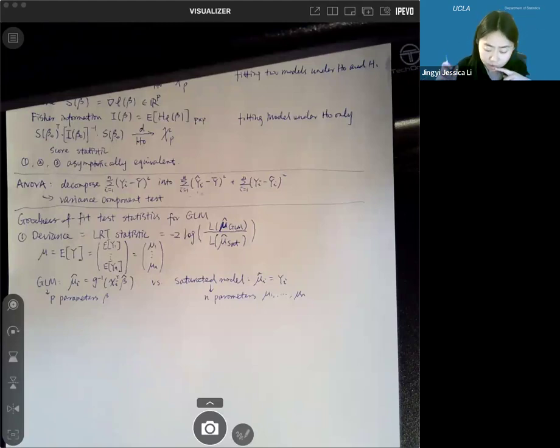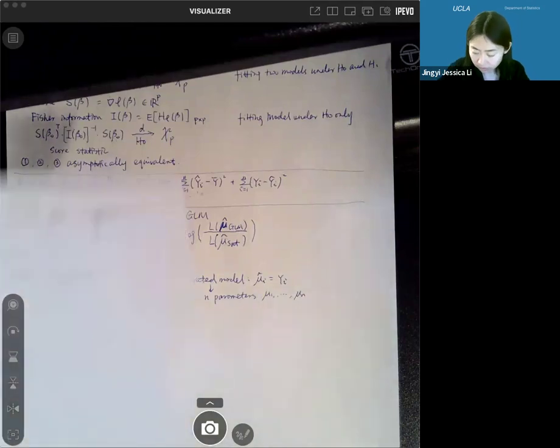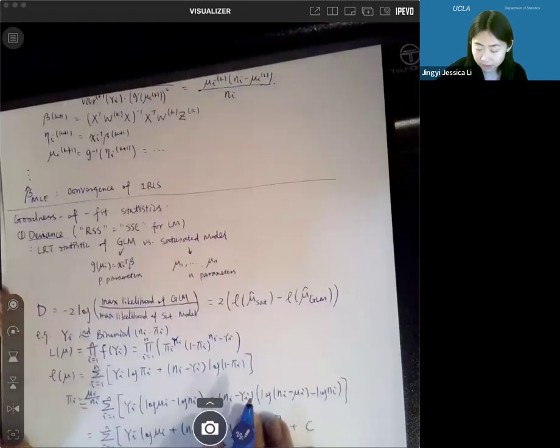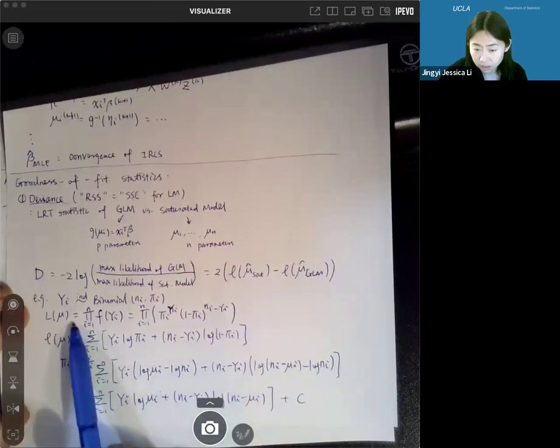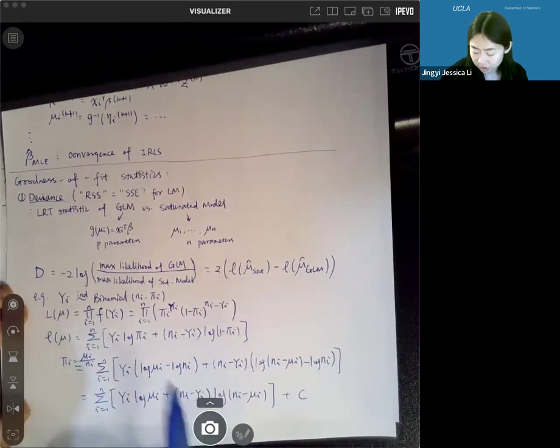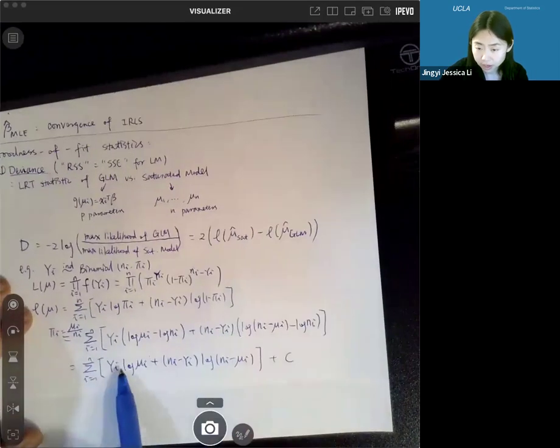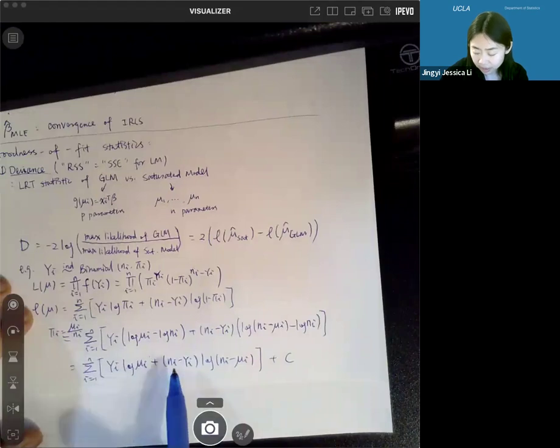Okay, so with this, last time I gave you the log likelihood of the group data logistic regression. That's where we stopped last time. Let me try to grab the notes. So this is where we ended the last lecture. Here, we wrote the log likelihood of mu as the summation of yi times log mu_i plus (ni minus yi) times log(ni minus mu_i) plus some constant.